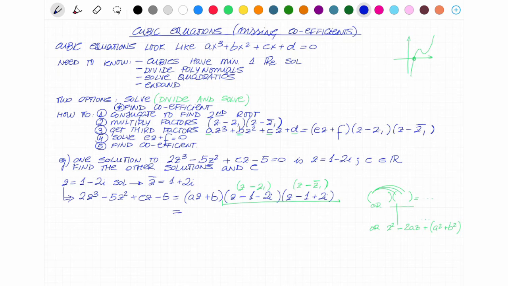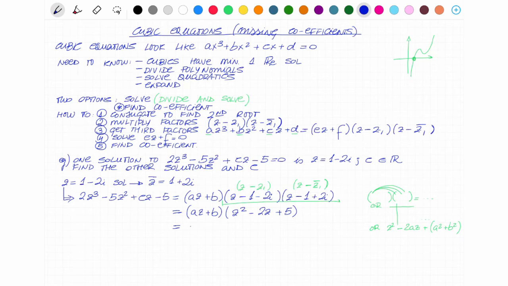So that gives me this factor there that we haven't done anything with yet, times now z squared minus 2z plus 5. Now I can come and expand all of this, and that will give me the cubic back.